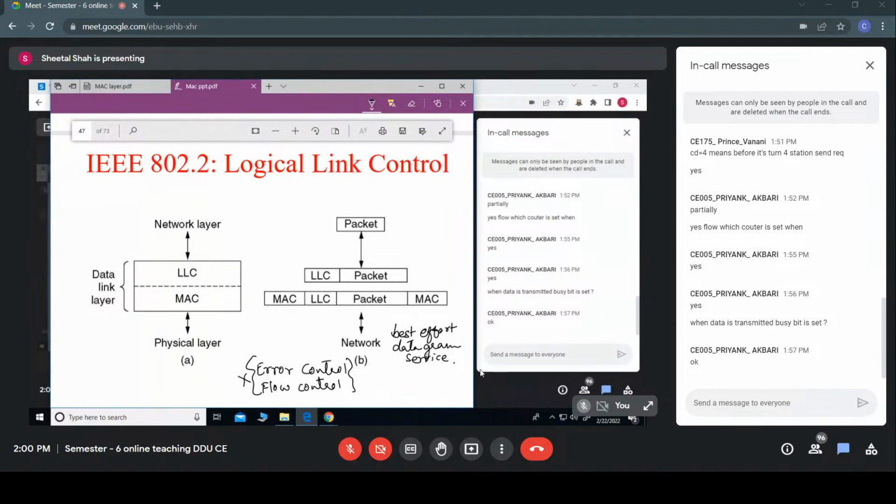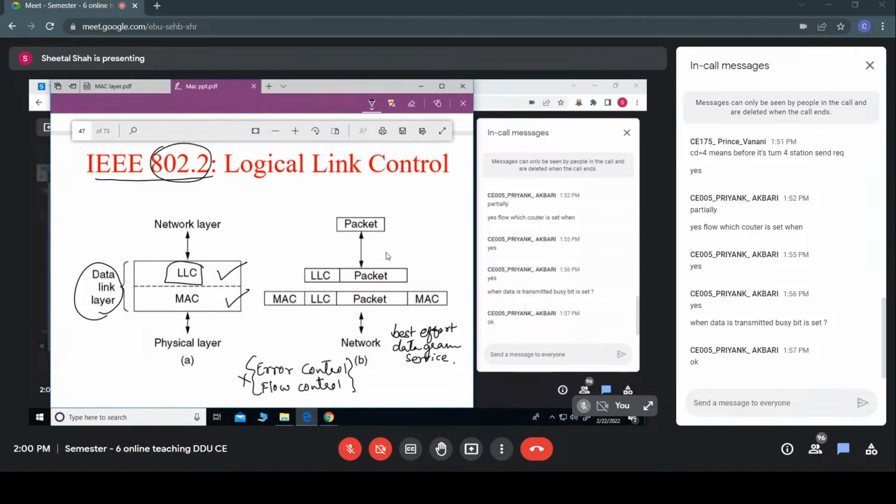Fine. So you can see that the data link layer is divided into two sublayers. One is the MAC sublayer, the other one is the logical link control sublayer. This LLC, logical link control, has certain standards provided by the IEEE, known as IEEE 802.2.